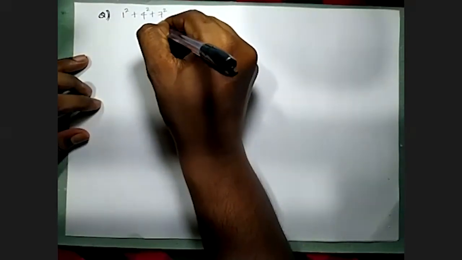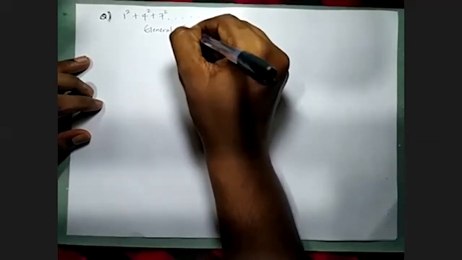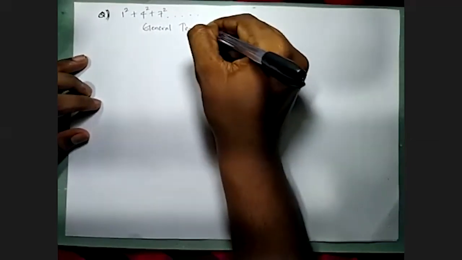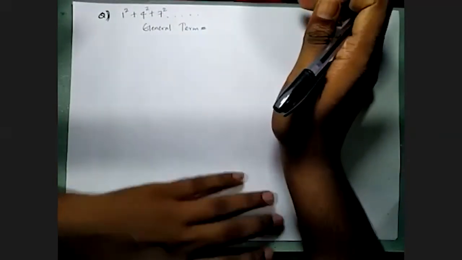Then you have to find the sum of first n terms. What is the first step? First you have to write what term? General term. Now tell me the general term for this series. Quickly.